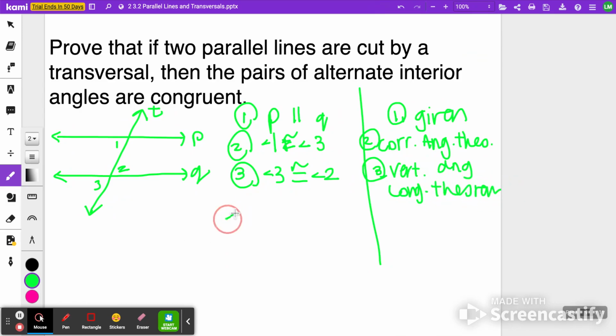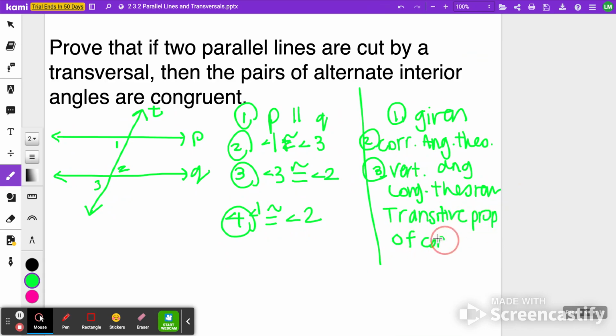So that all I do now is say angle 1 is congruent to angle 2 using the transitive property of congruency. Okay, so that would be one way you could prove it. You could also prove it a different way, but this is just one of those ways I use this.